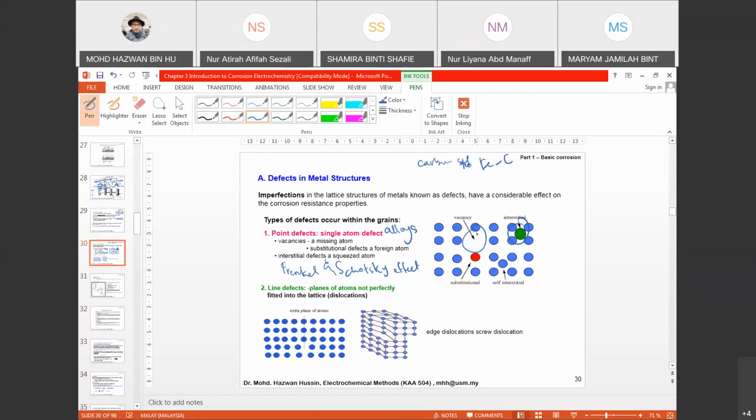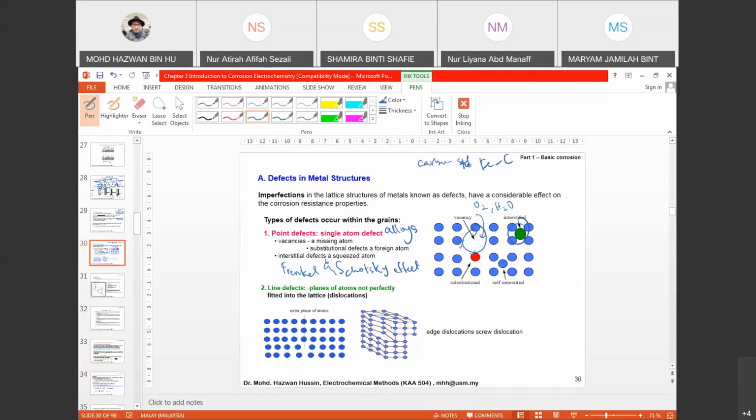So when you have a vacancy, you know that this region will be too weak. Then oxygen and water can easily go into this vacant region and react with or damage the structure. Another type of defect is known as line defects.